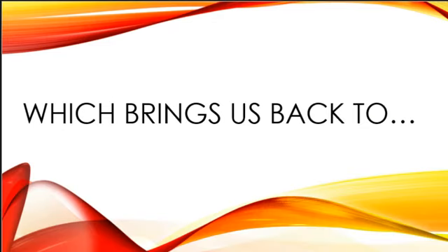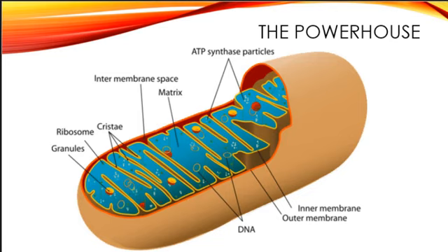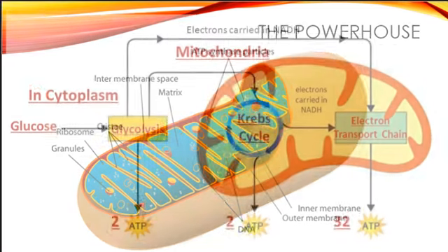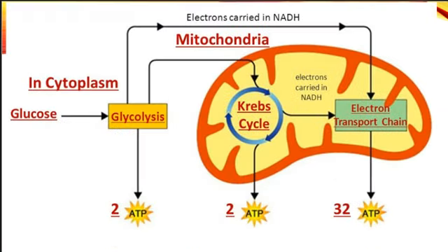Okay, which brings us back to the powerhouse, our mitochondria. It turns out that the first step, glycolysis, happens outside the mitochondria, but the other two steps happen inside, one at the outer membrane, one at the inner membrane. So here it is. Here our glucose comes in, glycolysis takes place here.